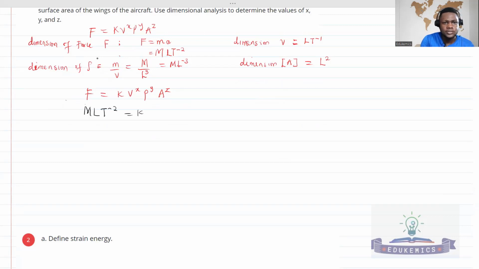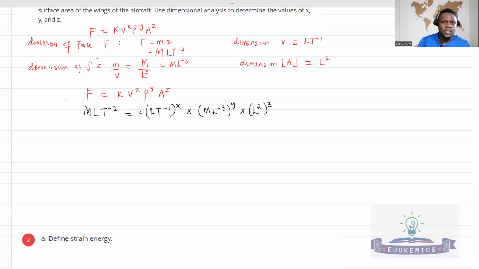K is dimensionless, so we'll leave it. V is LT minus 1, but it is raised to the power of X, so keep the X here. Rho is density, and the dimension for density is ML to the power of minus 3. It is raised to the power of Y. And then we have A, which is area, L squared, raised to the power of Z.